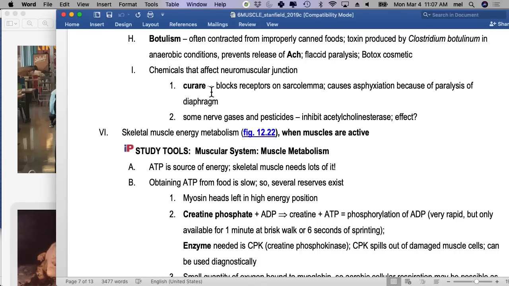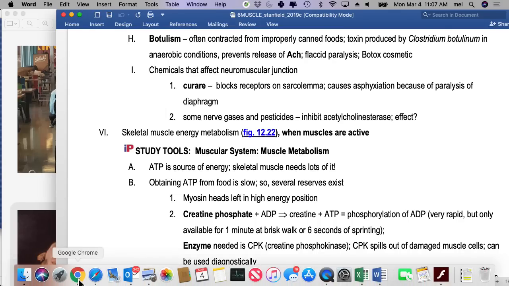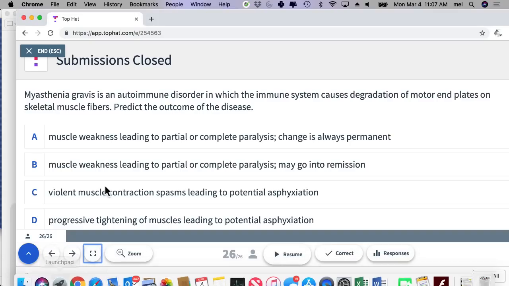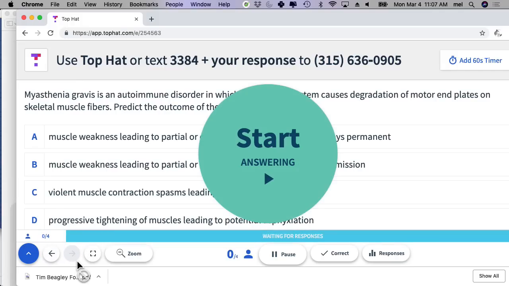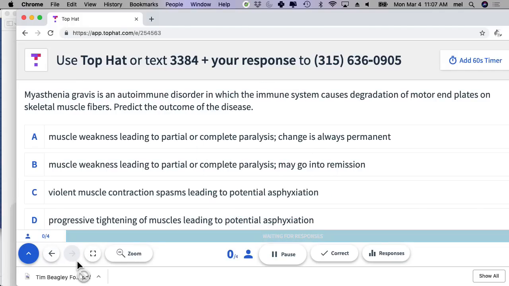Yeah? Okay, so now I hope you all have the tools to talk this through with your buddy. You ready to do it again? Okay. Again, the important parts are autoimmune and motor end plates.